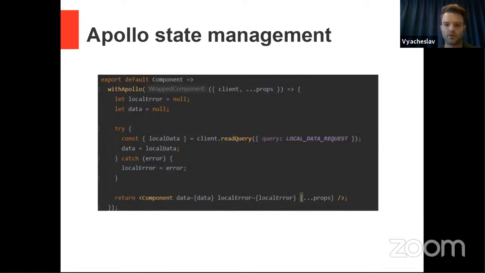Here I have access to the client variable thanks to this Apollo higher-order function. Also, it is accessible via hooks in newer versions. So in this example, I just read data thanks to that client variable, and then I can put it down to another component.